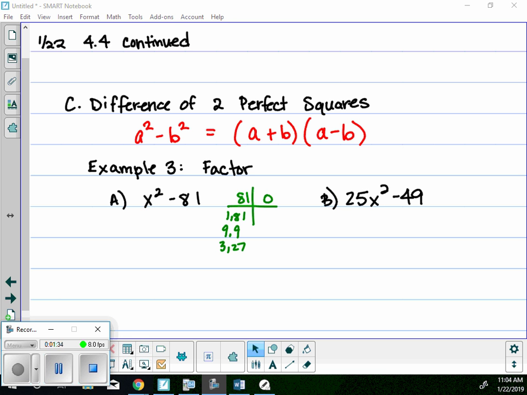But the ones that are going to add to 0 are -9 and +9. So we know this has to factor into x minus 9 and x plus 9 in order for that to be a 0x in the middle.